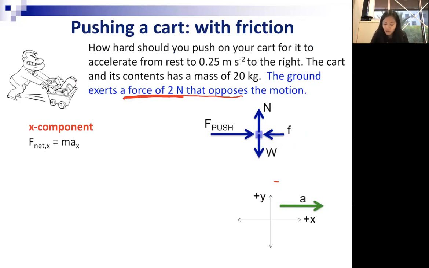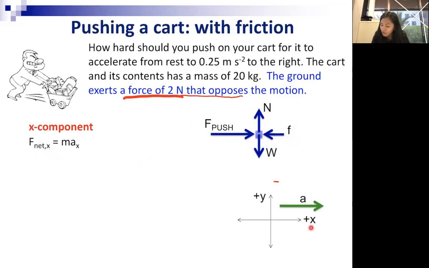Right, so along the x component, let's look at the left-hand side of Newton's second law of motion. It says net force along the x, or along the horizontal. Look at your free body diagram. You have two forces along the x: F push and friction.